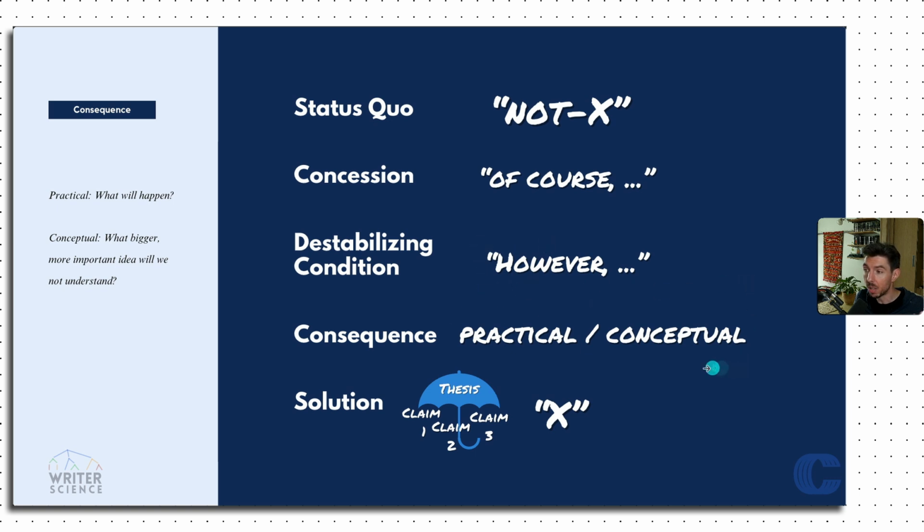And if we don't stop burning coal, then air quality will continue to deteriorate. It will get bad and we'll have a lot of health problems. So the practical consequence shows what bad thing will happen if we don't change the status quo. Okay. Now, on the other hand, what you're probably dealing with in this paper is a conceptual problem.